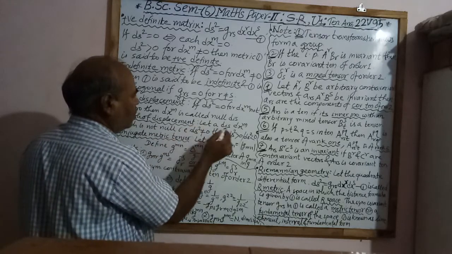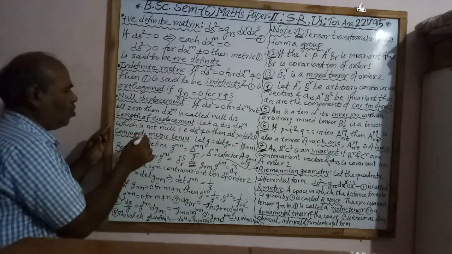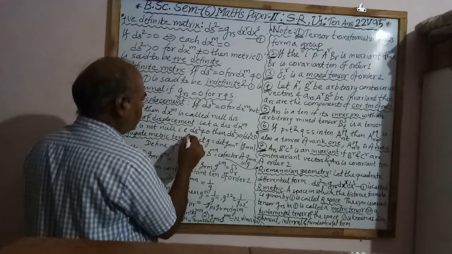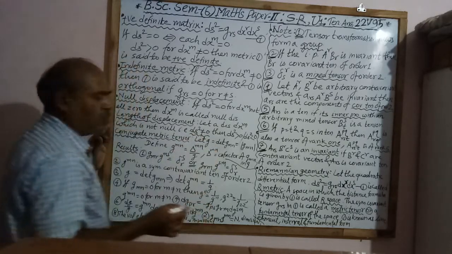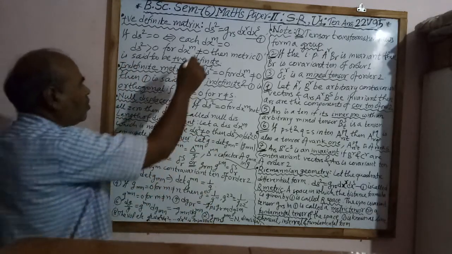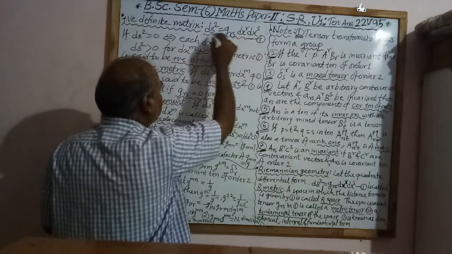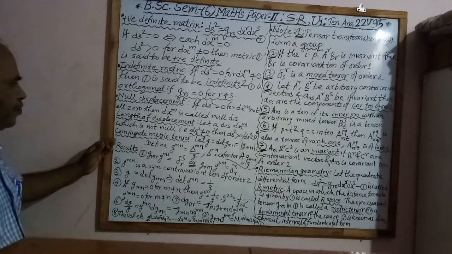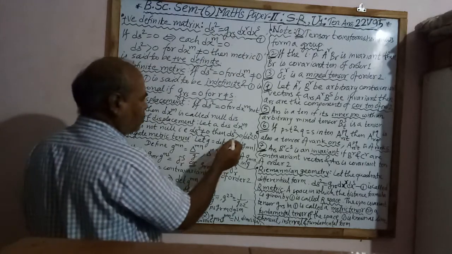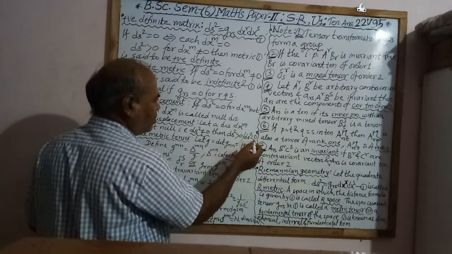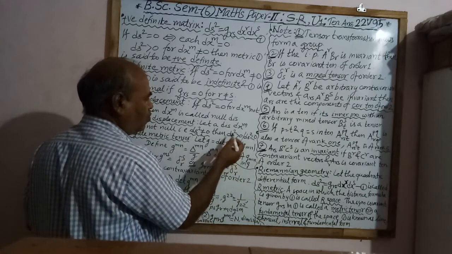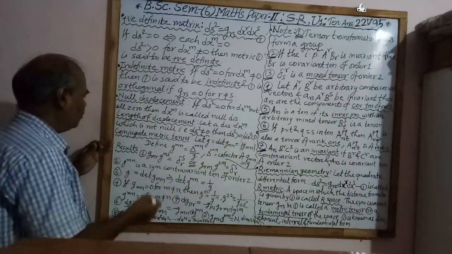Let a distance dx^m which is not null, that is not equal to 0, d square not equal to 0. In this formula for the distance d square, if d square is not equal to 0, then d square is greater than 0 or d square is less than 0, that is d square is positive or d square is negative.